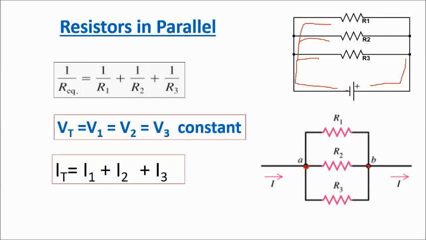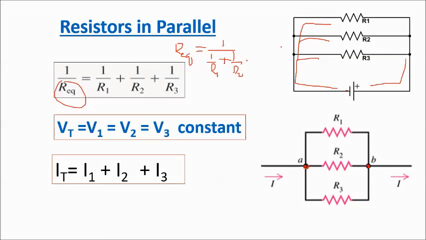To find R equivalent or R total, we add. R equivalent is equal to 1 over R1 plus 1 over R2 plus ... plus 1 over Rn.